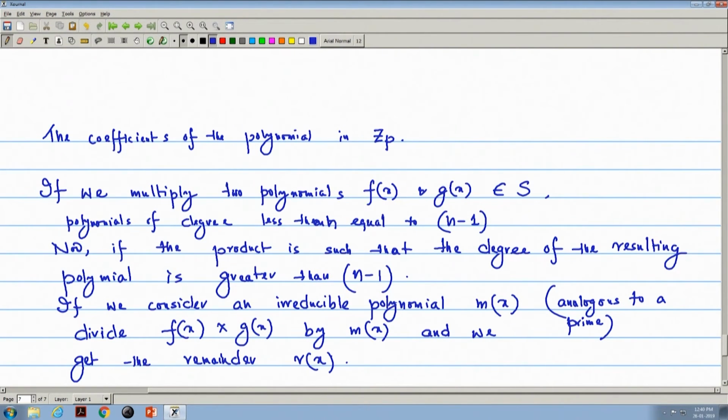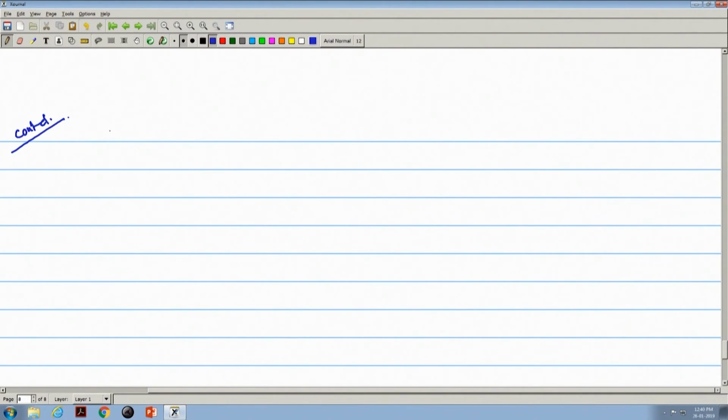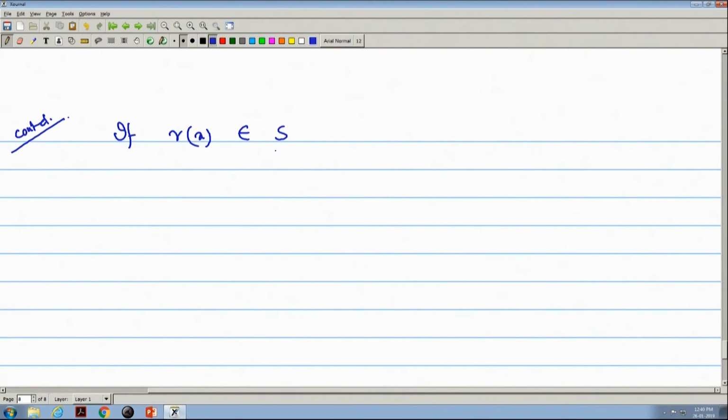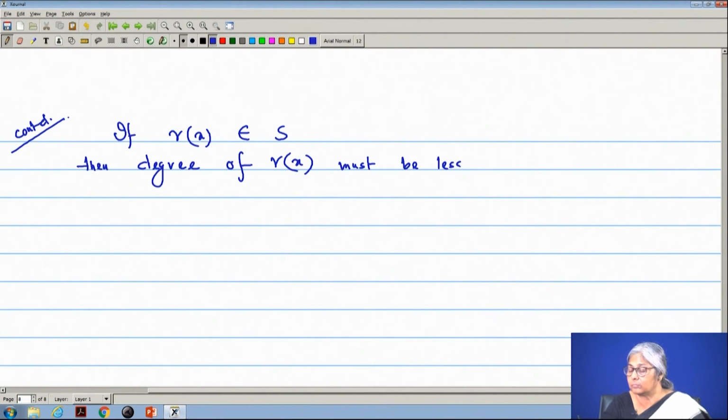If R x belongs to S, we want that the degree of all remainder polynomials must be less than equal to n minus 1, because we have considered the set as a set of polynomials with degree less than equal to n minus 1.